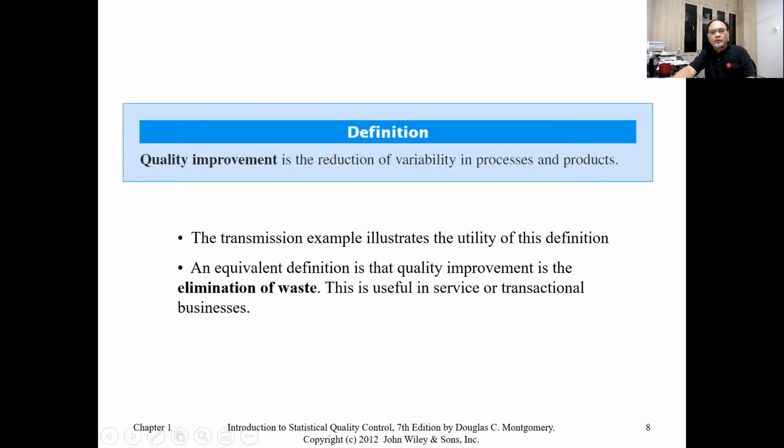And we have to view it from the perspective that quality improvement must be done through the reduction of variability in processes and products. Imagine your manufacturing processes, your cutting, your bending, your grinding, or whatever, in electrical or medical fields.